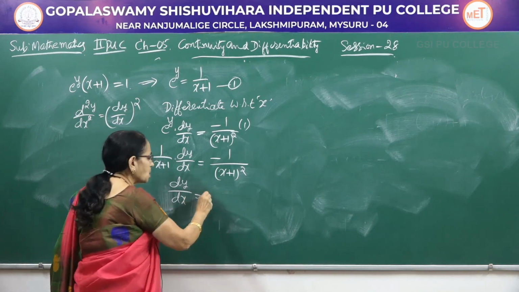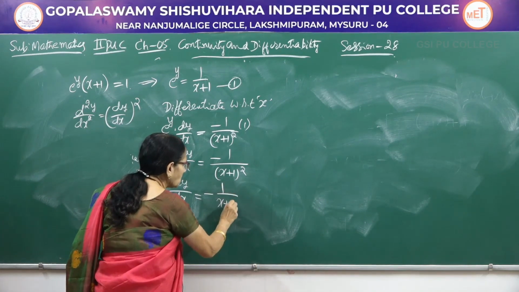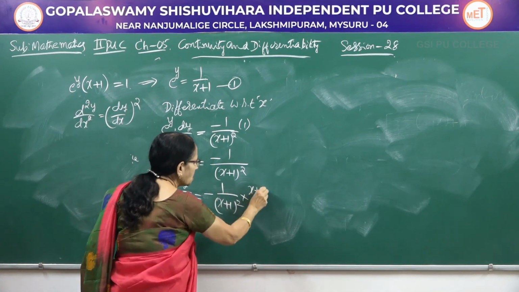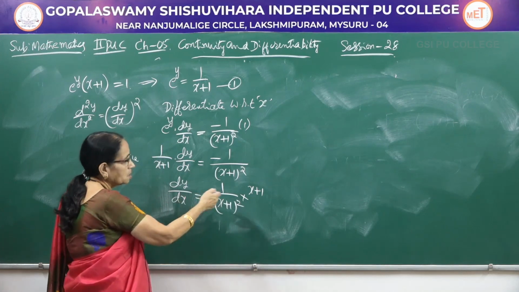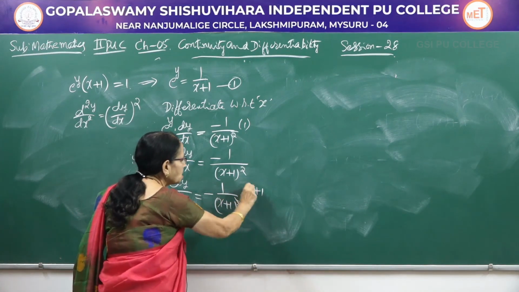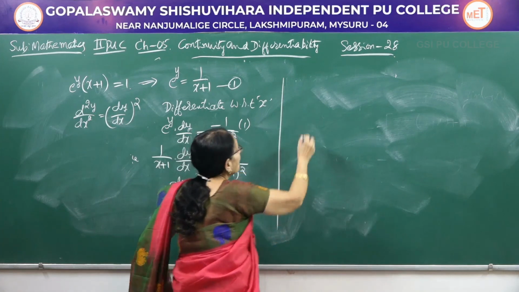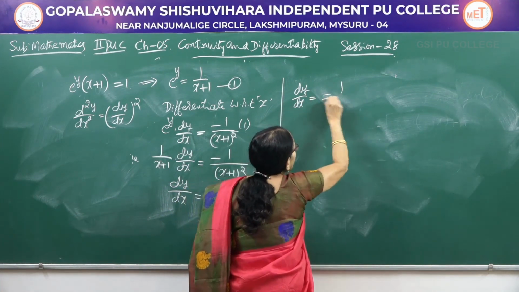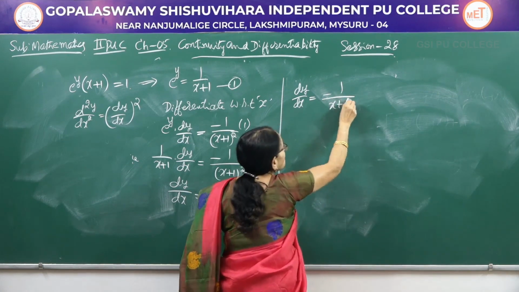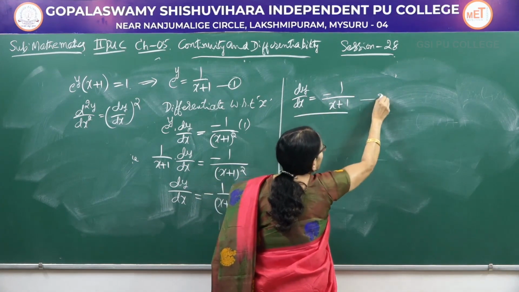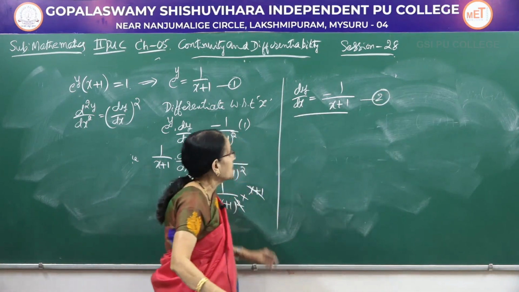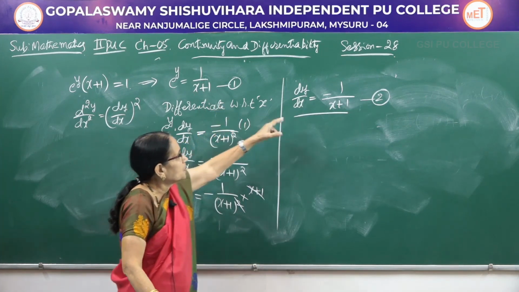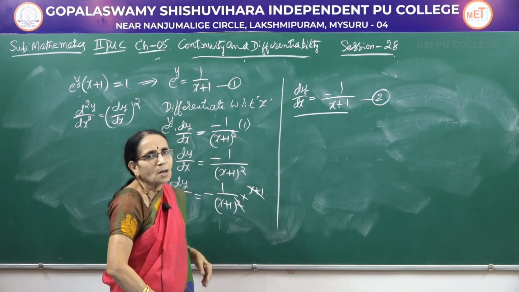That cancellation, if you can do directly, well and good, or else as usual you take to the right hand side numerator. One term is cancelled. Hence we have dy by dx equal to minus 1 over x plus 1. Take it as the second result. See, the given function was e power y equal to 1 by x plus 1. Now the first derivative is minus 1 over x plus 1.